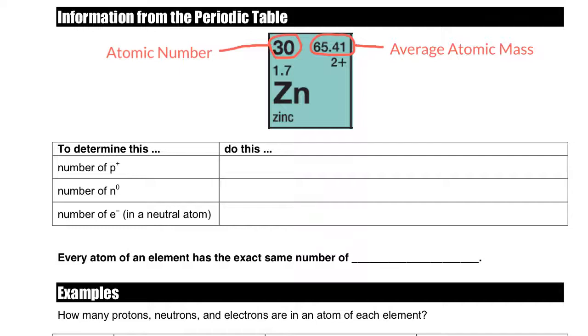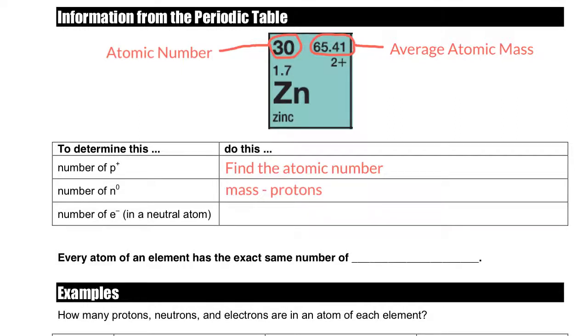But we can use these values to figure out how many protons, neutrons, and electrons are in an atom of any given element. If you want to know the number of protons, you simply find the atomic number, and it's the same. So in our example here, zinc has an atomic number of 30. That means 1 atom of zinc has 30 protons.